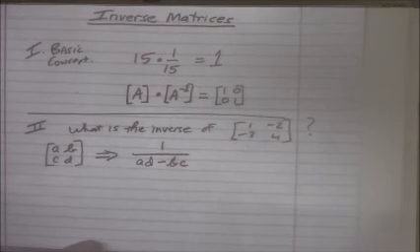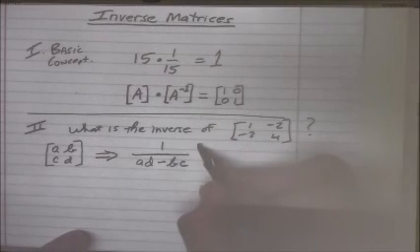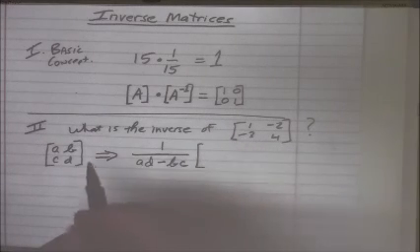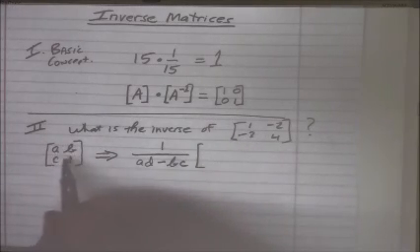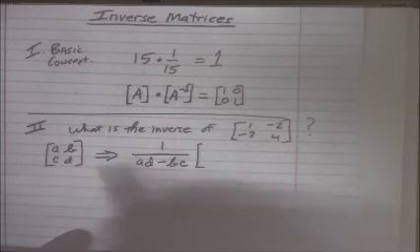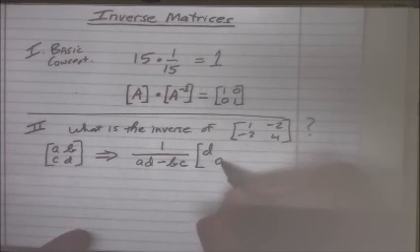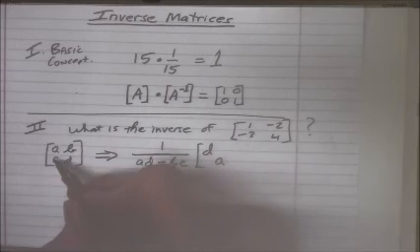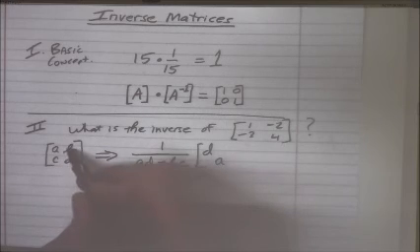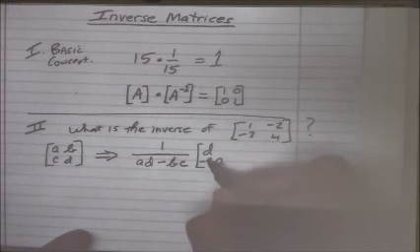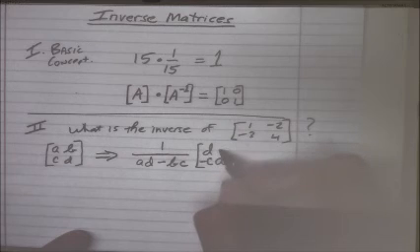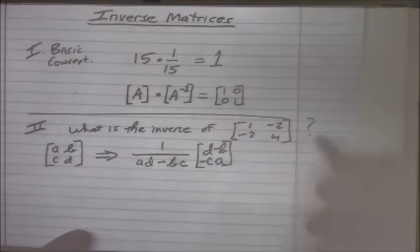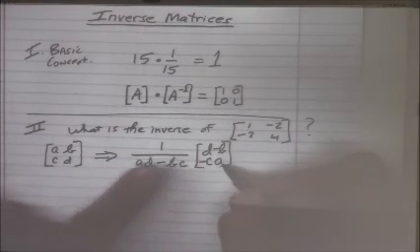A times D minus B times C, and that is going to multiply to a variation of this. We take the A and the D and we switch them, and we take the C and the B and we make them opposites, meaning that whatever sign this is, you take the opposite. So C stays in place, but it becomes negative. And B stays in place, but it becomes negative.